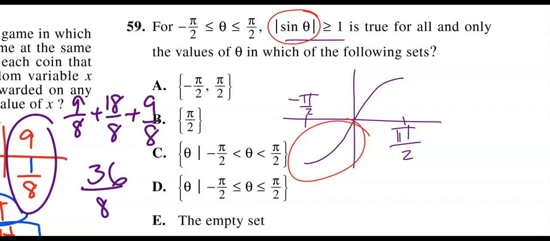When you take the absolute value of something, what is it? Especially of a negative number, what happens? Do you know the absolute value of negative 3? It's 3. It's the distance away from 0, right? So in other words, it changes it to a positive value. So what's going to happen to this branch that's down here when you take its absolute value?